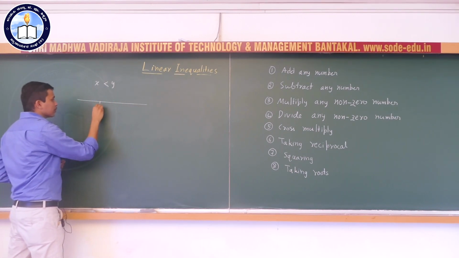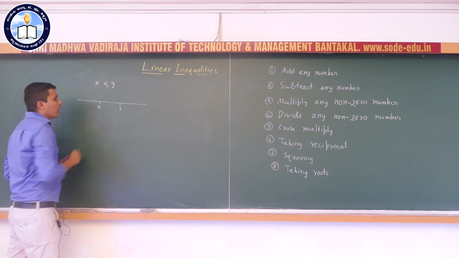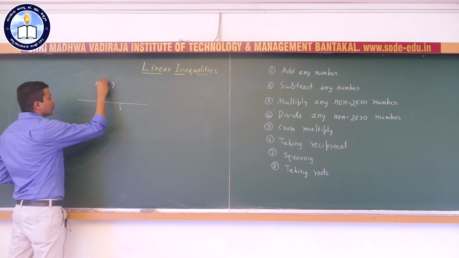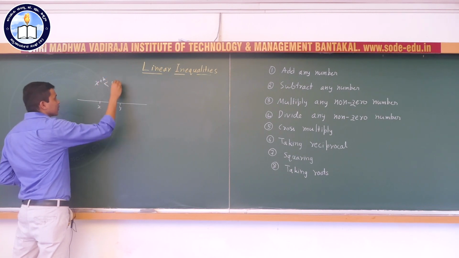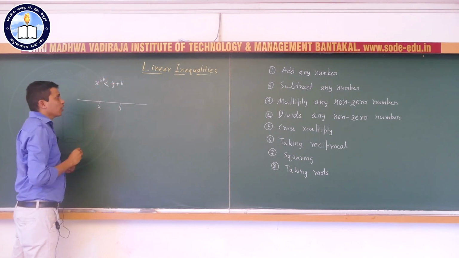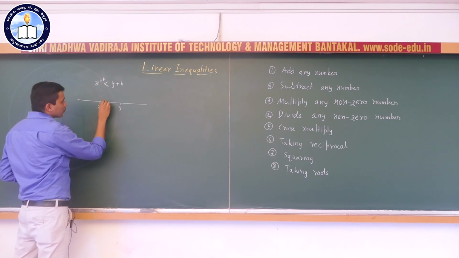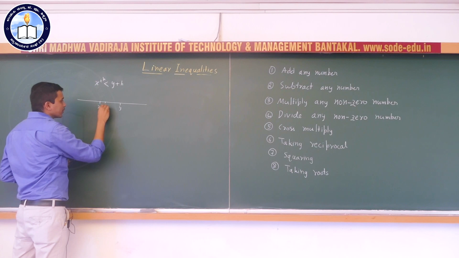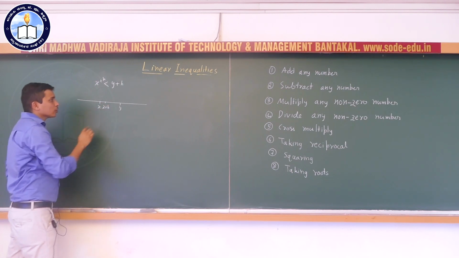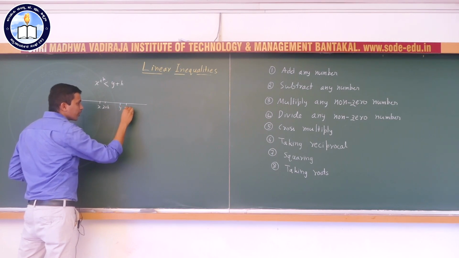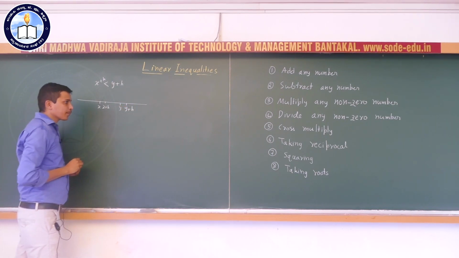Suppose this is your x number and this is your y number, and for this inequality, you add some number h on both the sides. Then it becomes x plus h, which shifts to the right, and here also it shifts, so it is y plus h, right?